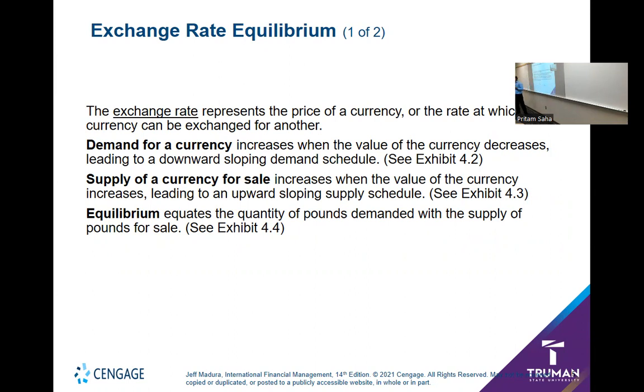So when will people from the United States demand pound? Any idea? When and why should we demand pound? If the pound depreciates, we will demand more, right? If the pound appreciates, we will demand less.